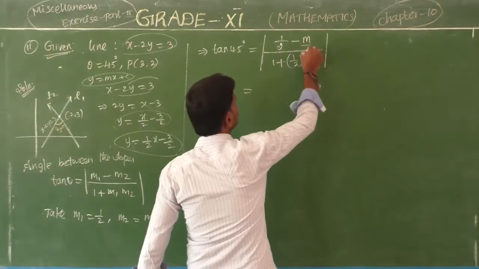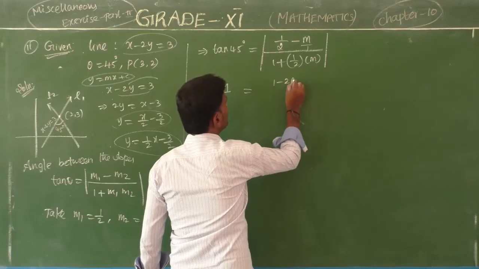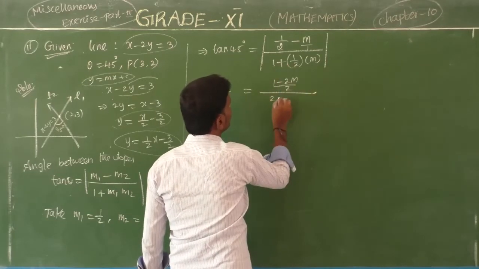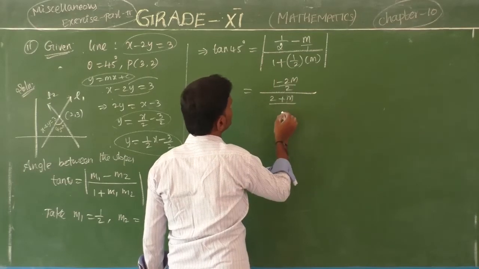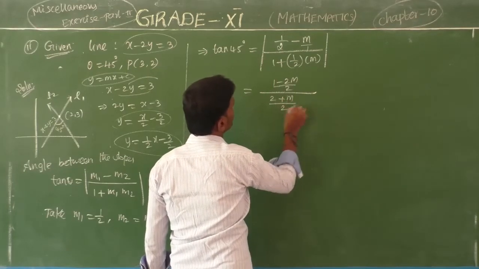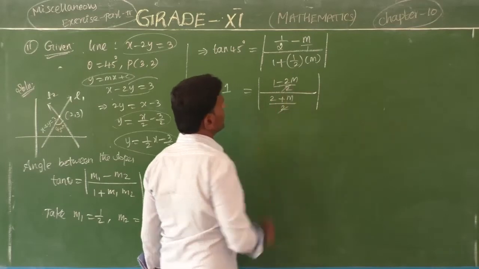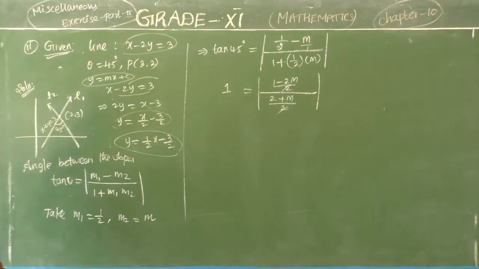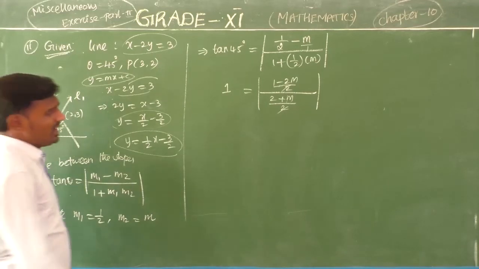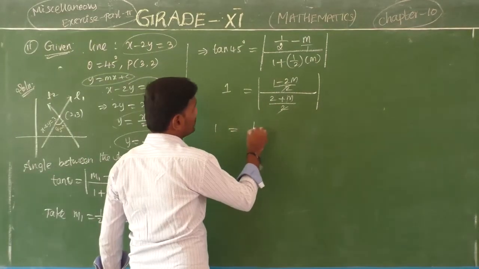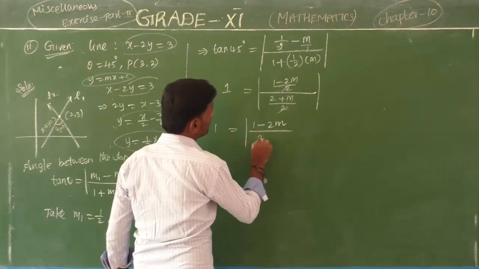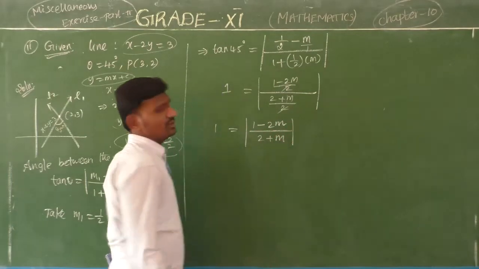Now taking a cross multiplication, the numerator is 1 minus 2m by 2, whole divided by 2 plus m by 2. Now both 2s cancel out. Now remaining I have 1 equal to the modulus of 1 minus 2m by 2 plus m.